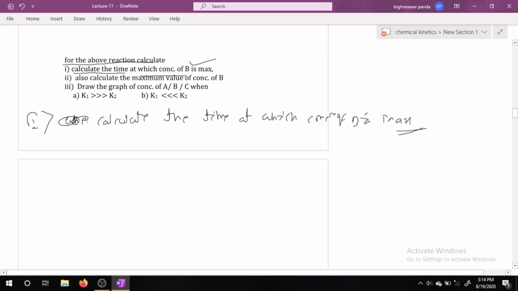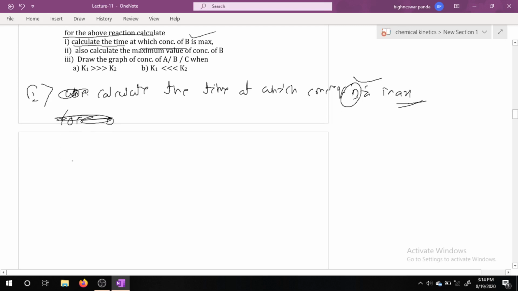If I have to calculate the maximum concentration, then for B max, dB by dt is equal to 0, as we know from maxima and minima mathematics.